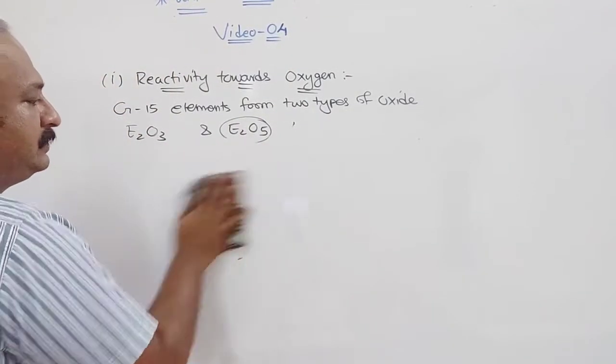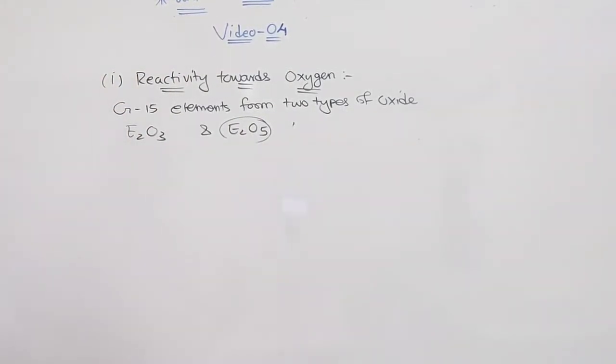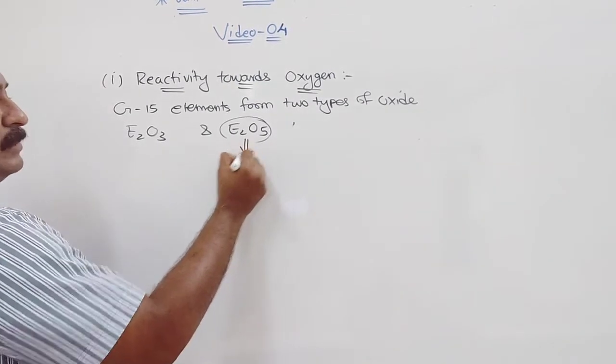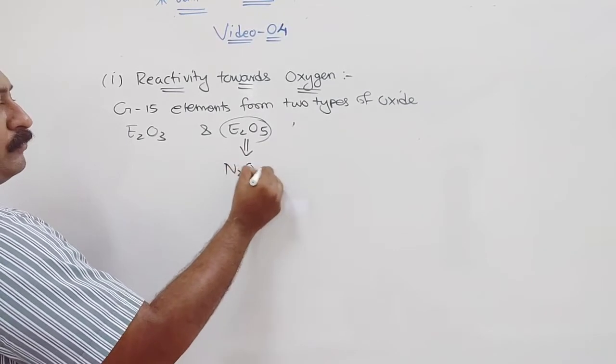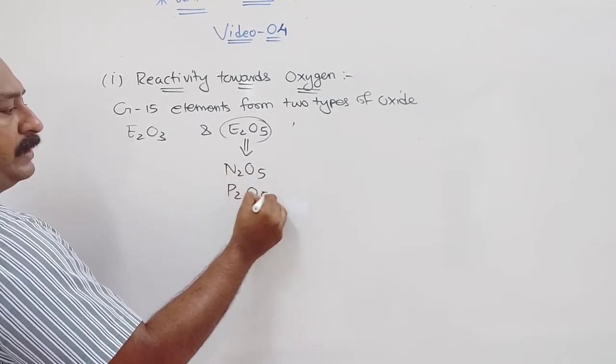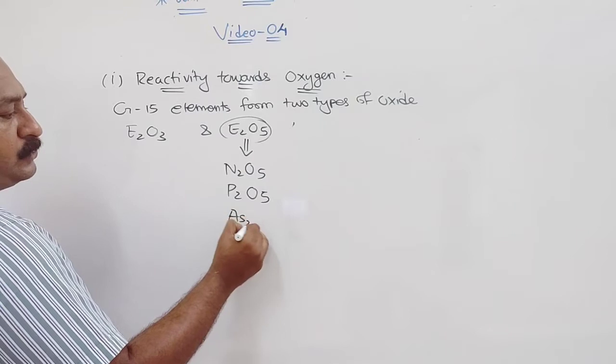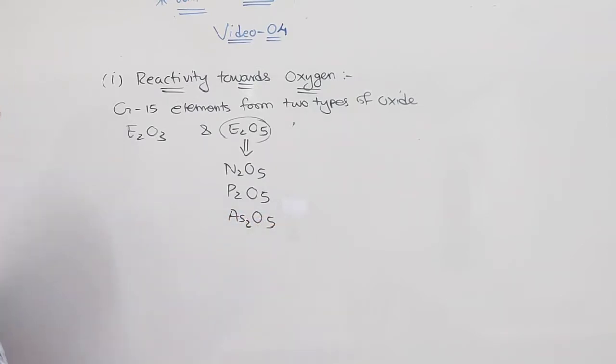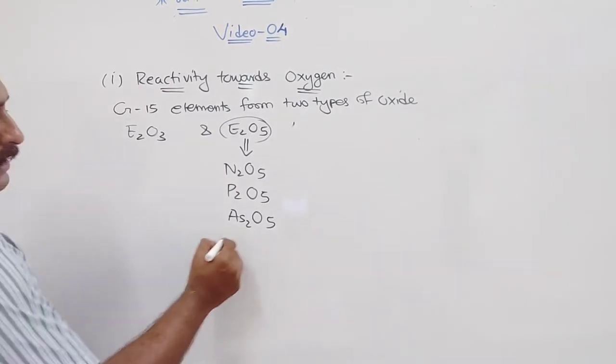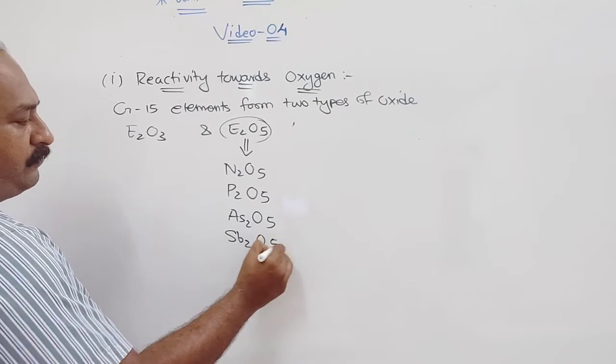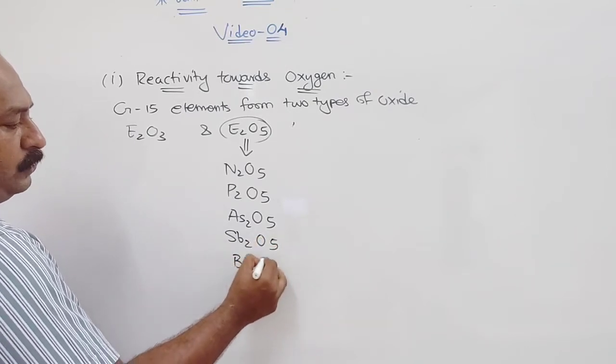Now, when we talk about the E2O5 type of oxide, it can be N2O5, P2O5, As2O5, I think in your textbook it is given on page number 173, then Sb2O5 and Bi2O5.